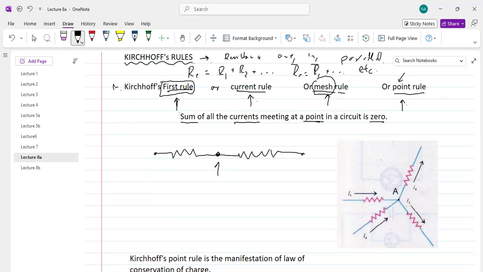According to this rule, the sum of all the currents meeting at this point. For example, if a current I1 flows towards this point, and current I2 flows away from this point, then the sum of currents meeting at that point must be equal to 0. That is, I1 plus I2 is equal to 0.